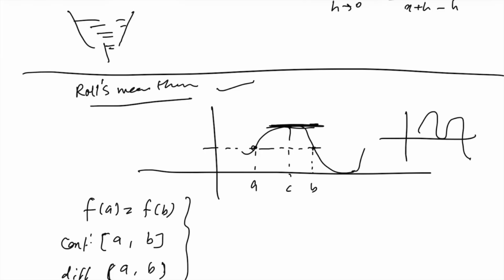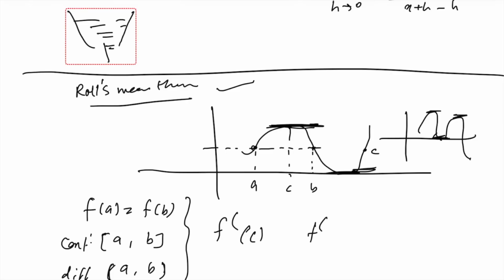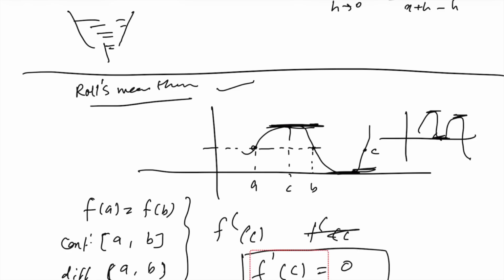Anyway, they'll have some local maximum, local minima, or global maximum, global minima, anything. But there must be a point called C. So f prime C would be 0.